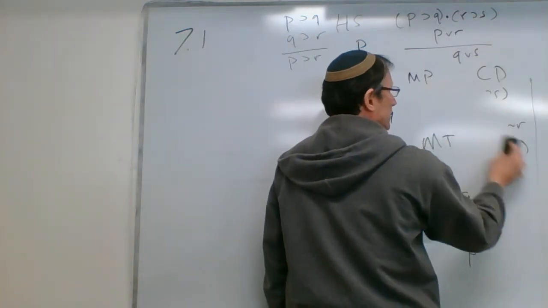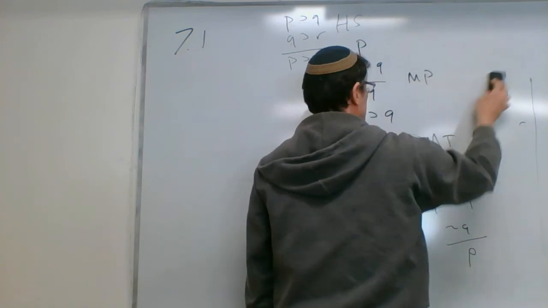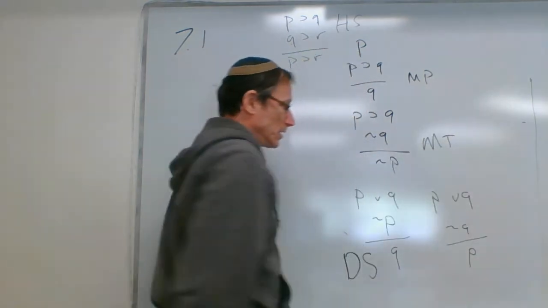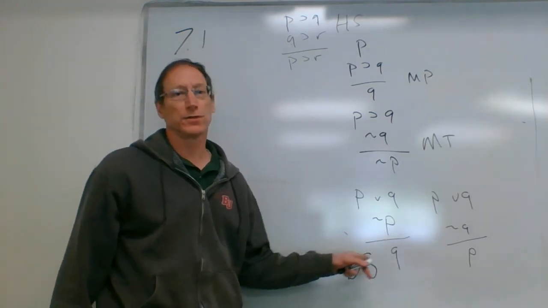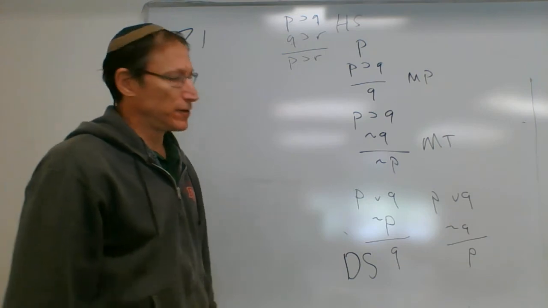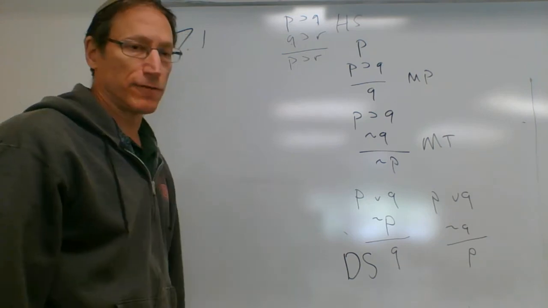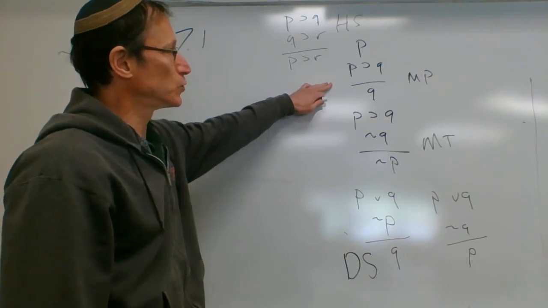This is not going to come up in 7.1, and I don't think this comes up in 7.1. Now again, with disjunctive syllogism, you really have 2 versions of disjunctive syllogism, right? But these are basically the first 5 rules of inference that you're going to learn. Modus ponens can be looked at as a rule.